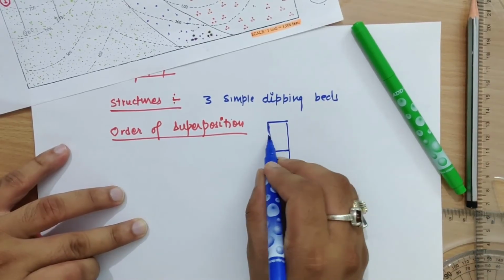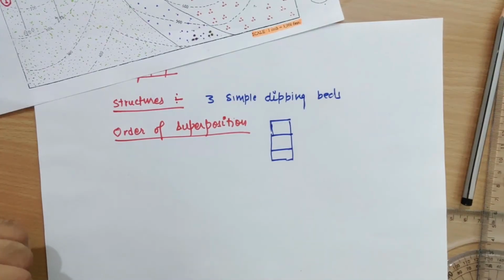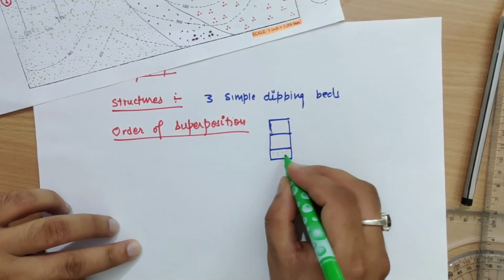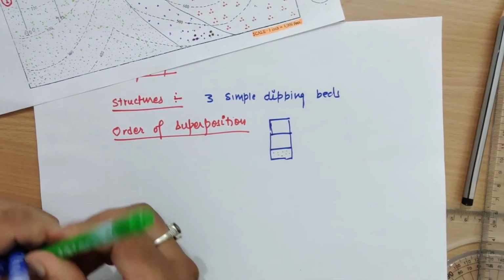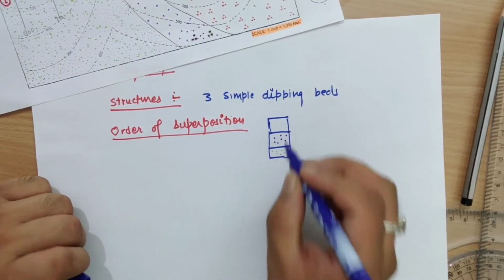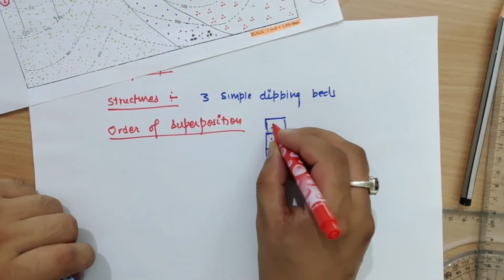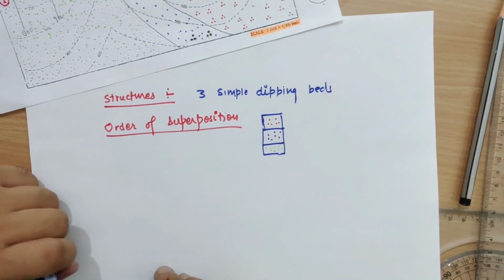So we have 3 beds. At the bottom we have shale, above the shale we have limestone, which is represented by this symbol, and above the limestone we have grit, which is represented by these symbols.